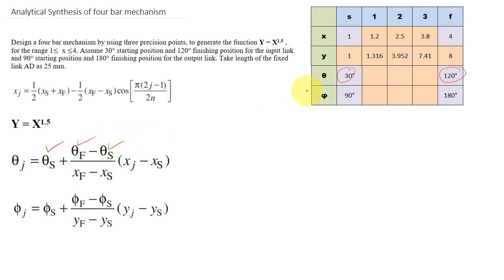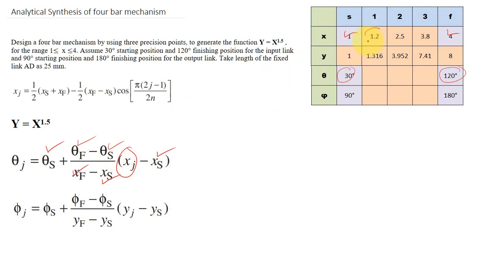Xf is 4 and xs is 1. All these are given values, and xj is already calculated.